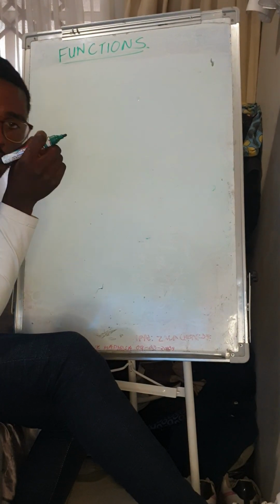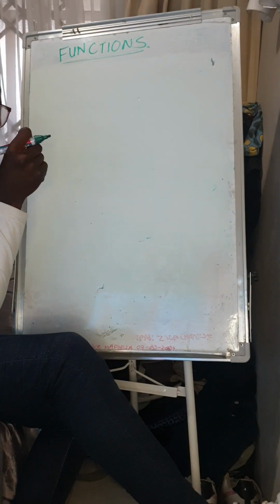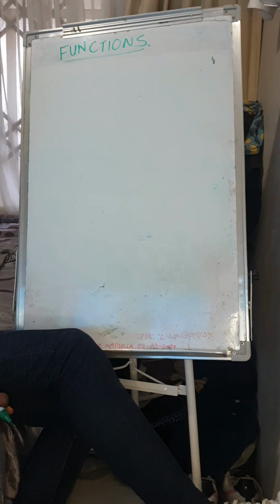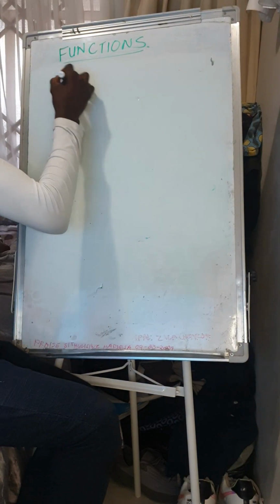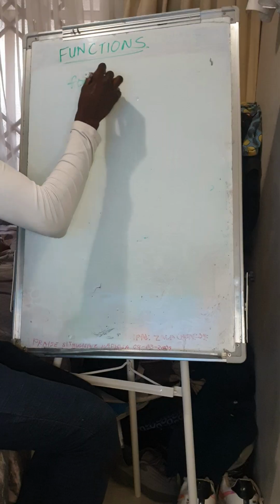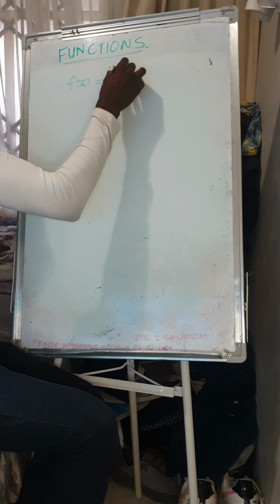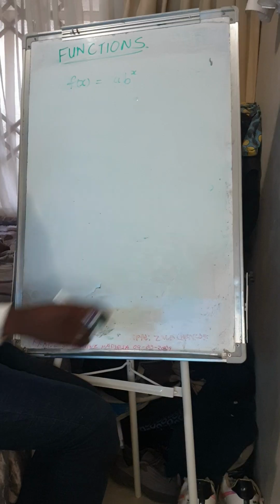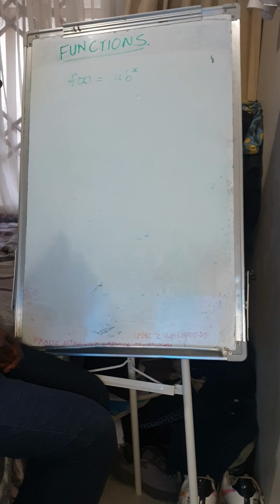We are also done with the hyperbola. There is the kind of questions, but there is exponential function. Don't forget, exponential function is in the form of f of x equals ab to the power x.